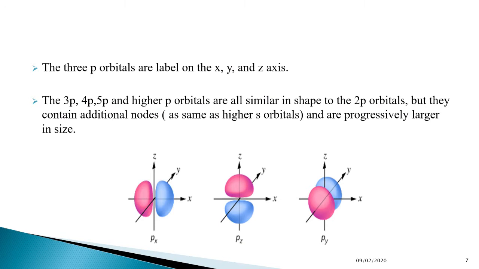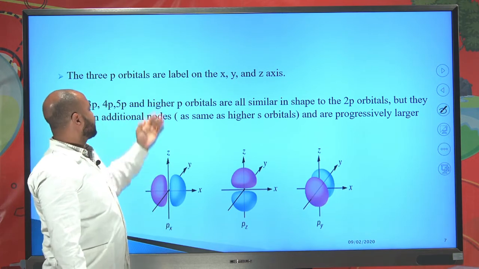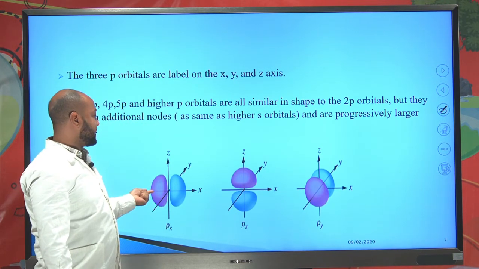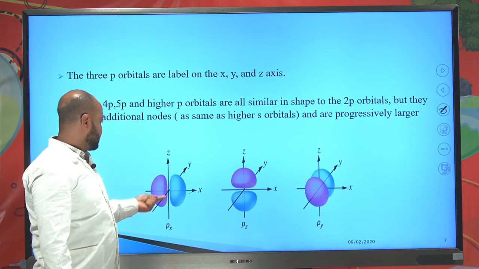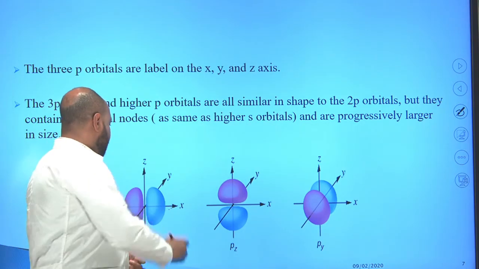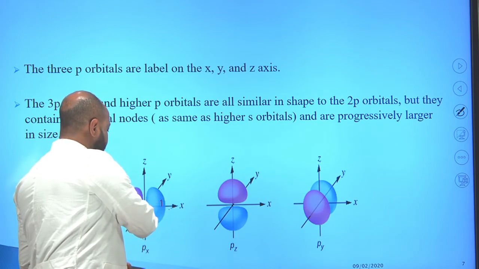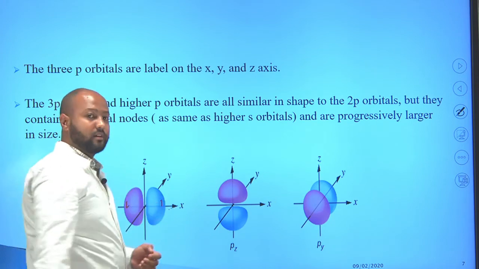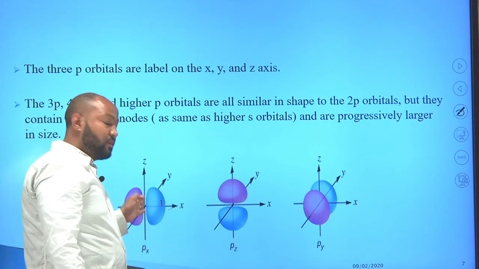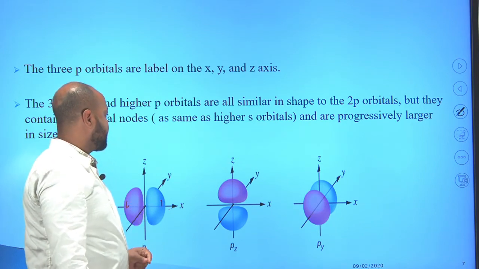As I told you before, these 3 p orbitals are labeled on the x-axis here. This is px, located along the x-axis, with one lobe and a second lobe. The electron will be here, and this is the nodal region where no electron will be found.